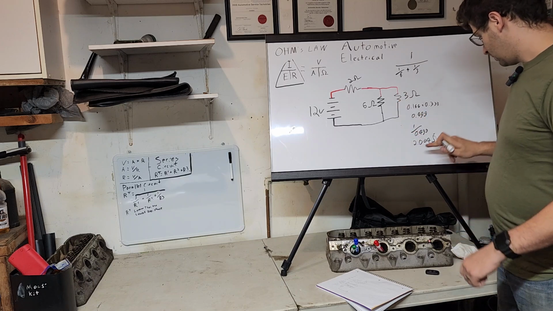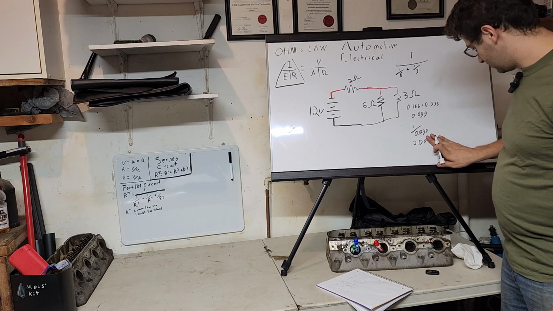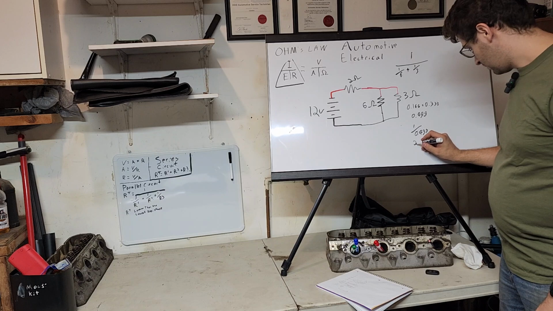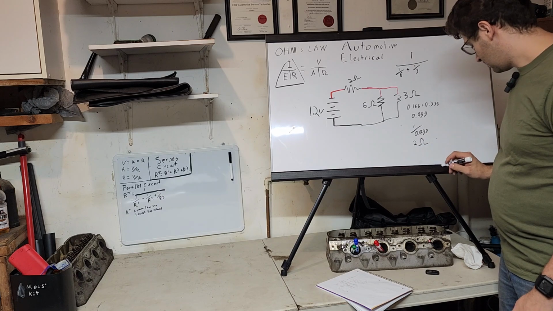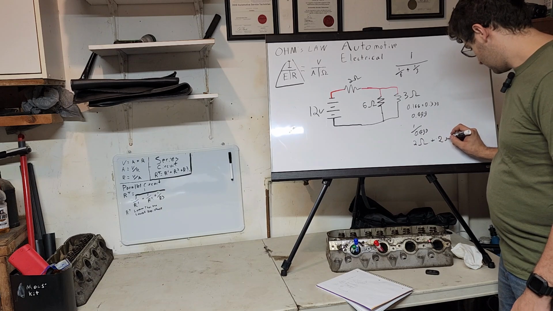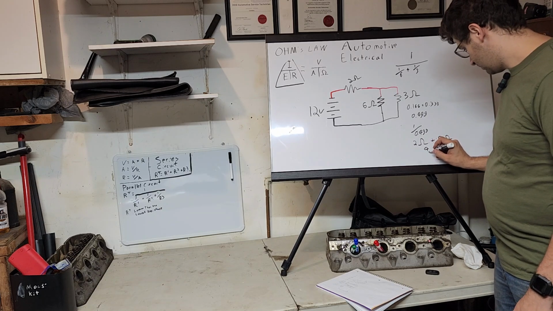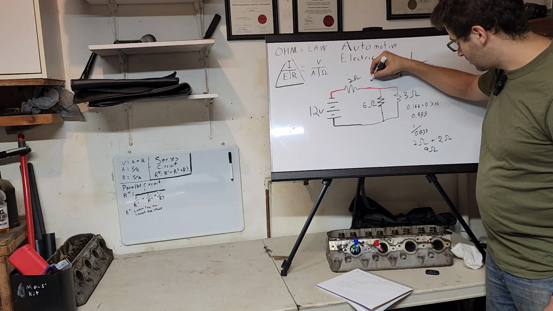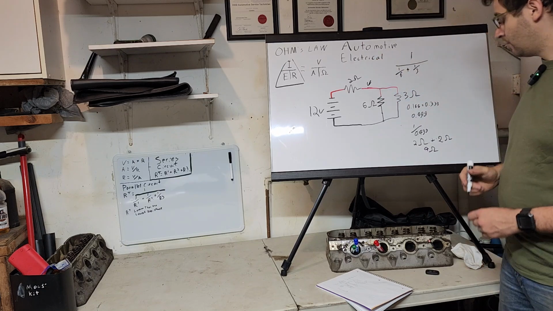So we're going to shorten this just to 2 ohms for simplicity. And we're going to add up to another 2 ohms. We have 4 ohm total circuit resistance as seen right here.